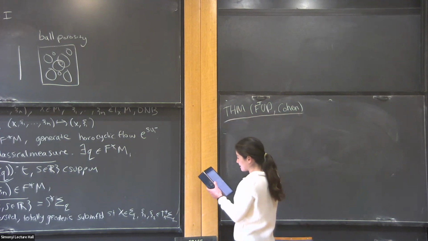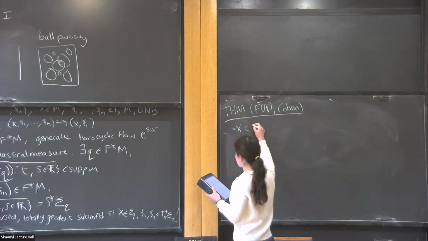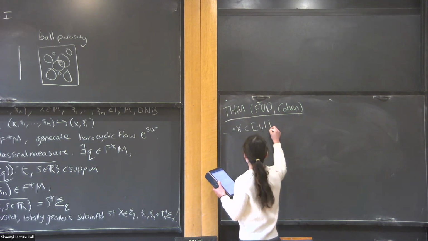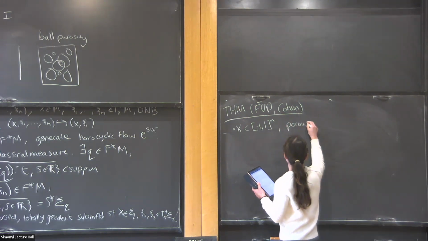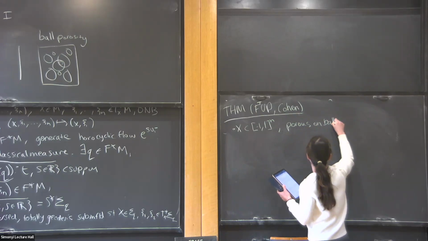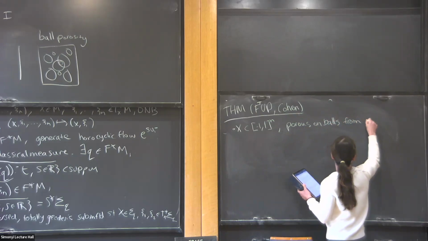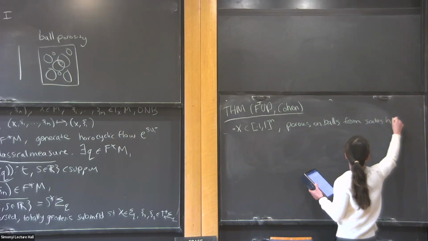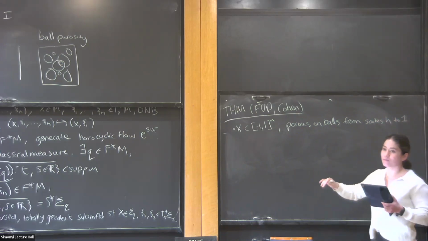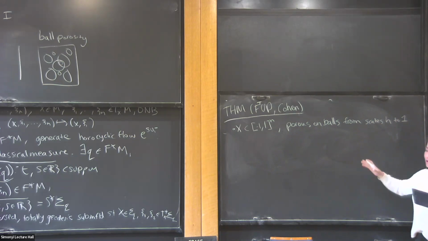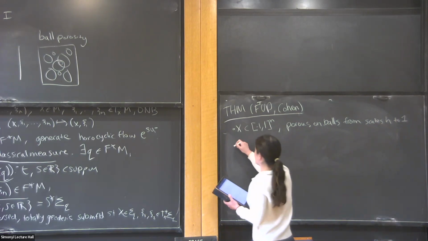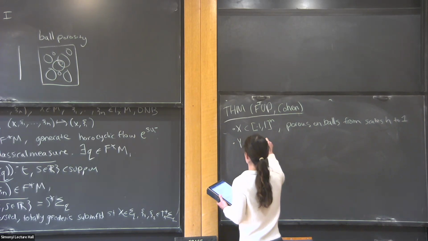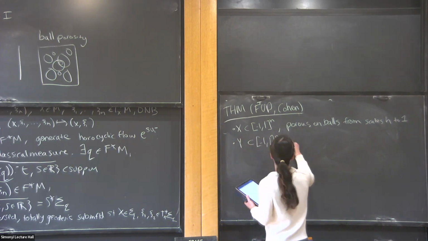His theorem says that if we have some set X contained in this n-dimensional rectangle, and it is porous on balls from scales h to 1. By scales h to 1 is what I mentioned before: we want our balls to not be too big, not be too small. The diameter of the balls needs to be bounded between h and 1. I'll also mention that I am simplifying his theorem a little bit for the sake of exposition today.